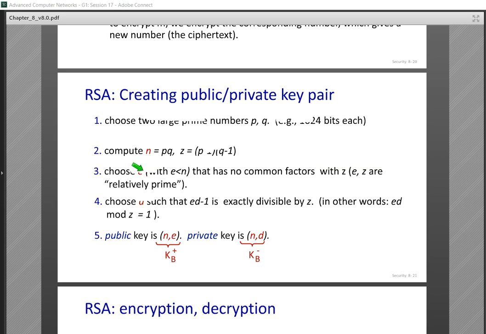Okay, and after that, I'm choosing E smaller than n, where E has no common factor with Z. We calculate Z here.